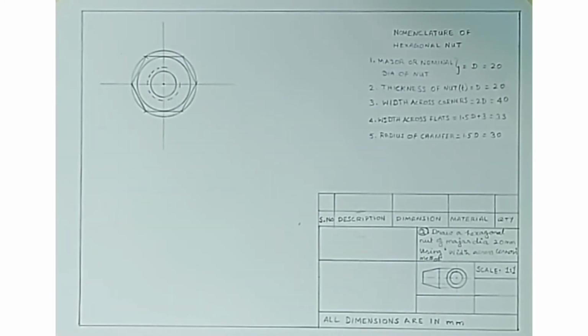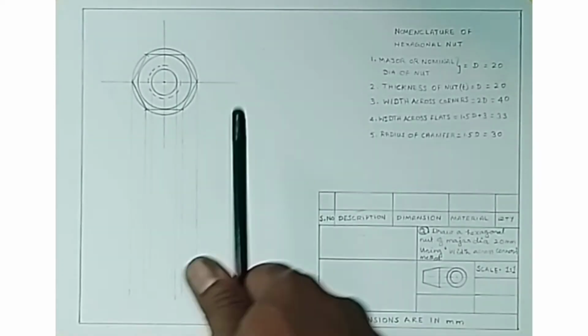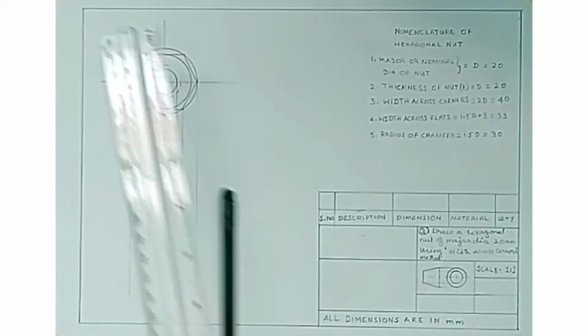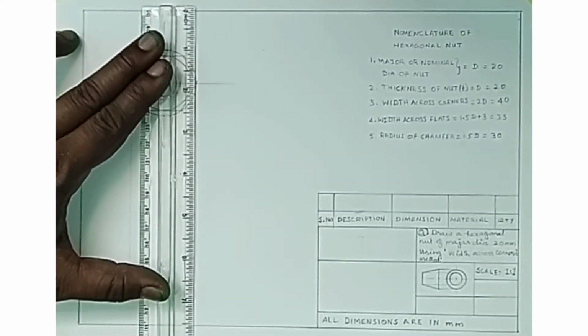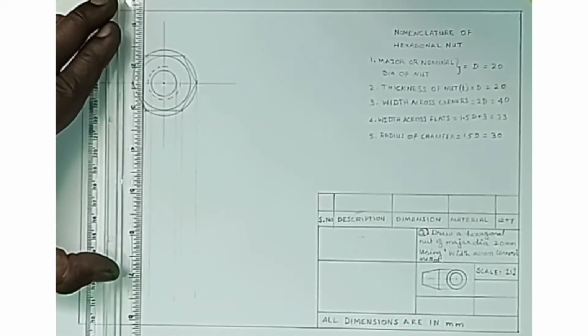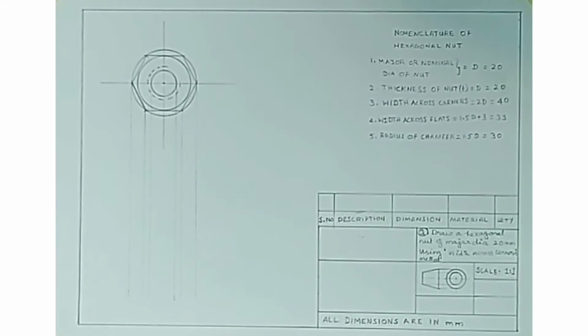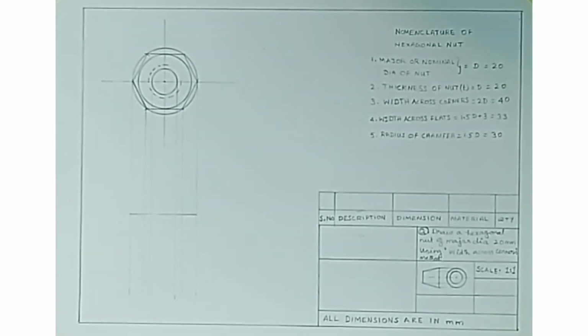Let me draw the top view. So I have drawn the projection lines from the edges. To draw the top view, thickness is the key dimension.